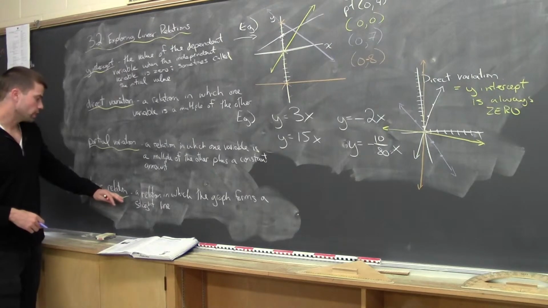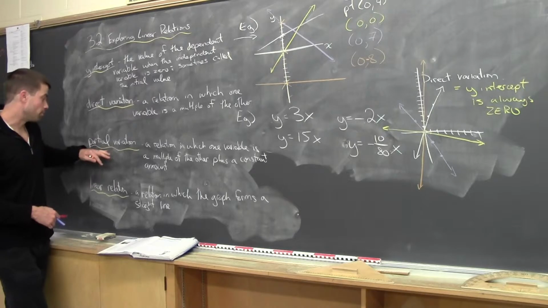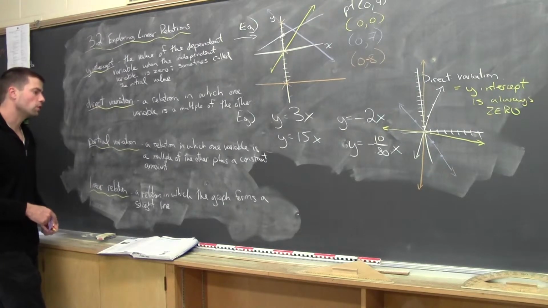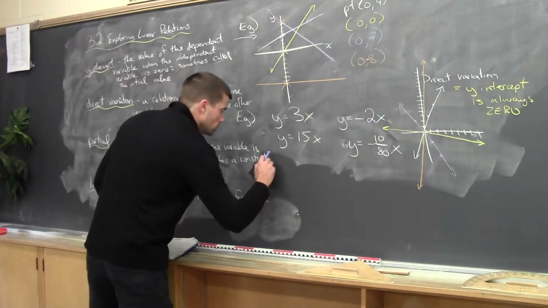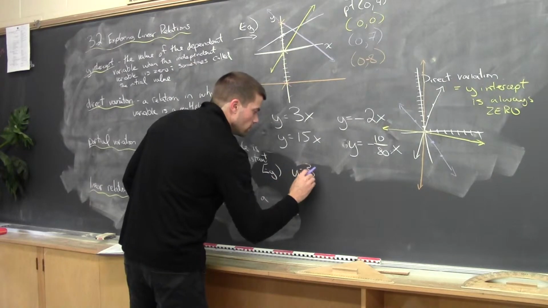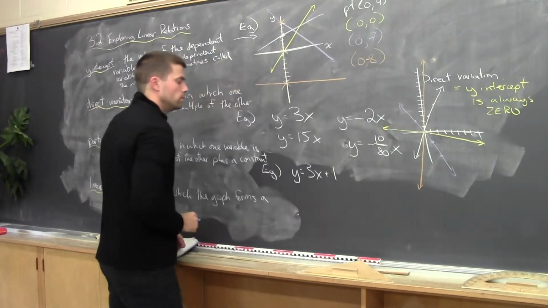If we do linear relation now, a relation in which the graph forms a straight line. Oh, sorry, partial variation, my bad. It's a relation in which one variable is a multiple of the other plus a constant amount. So, as an example, I can do y equals 3x plus 1.